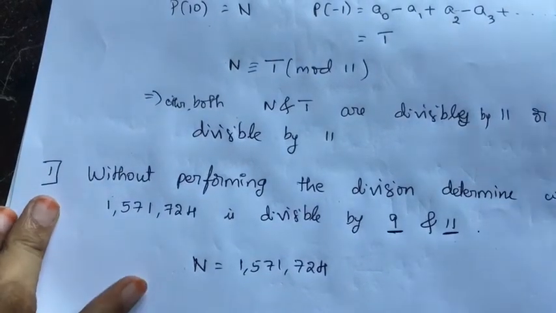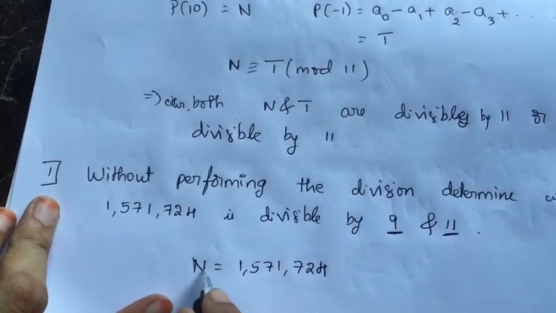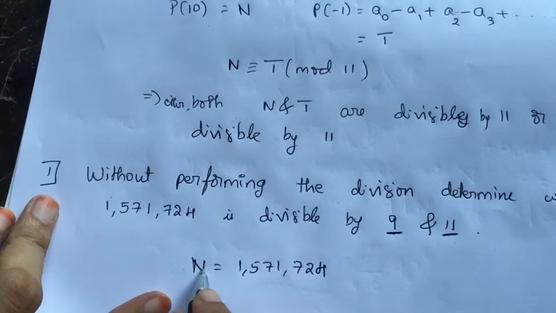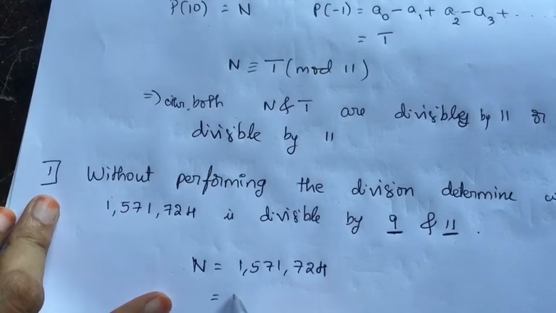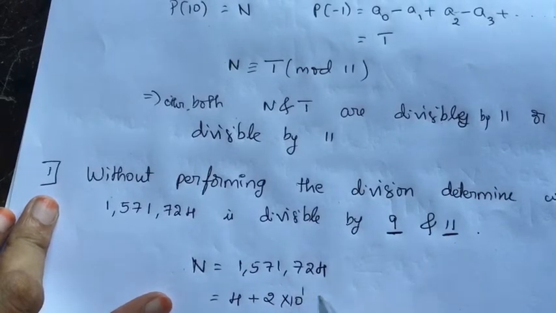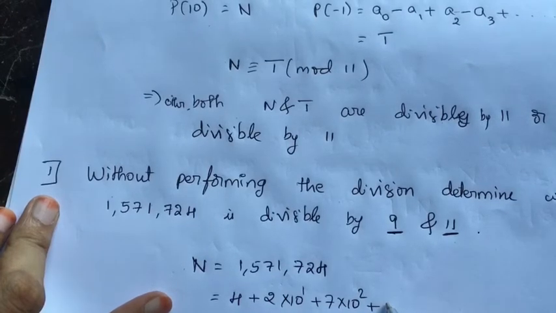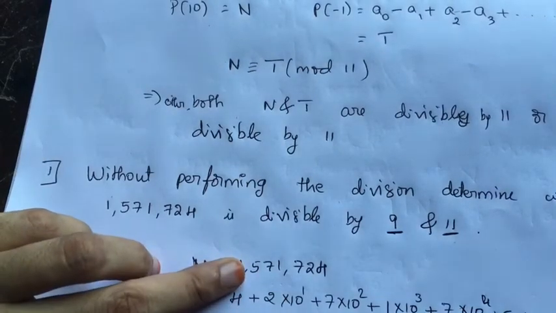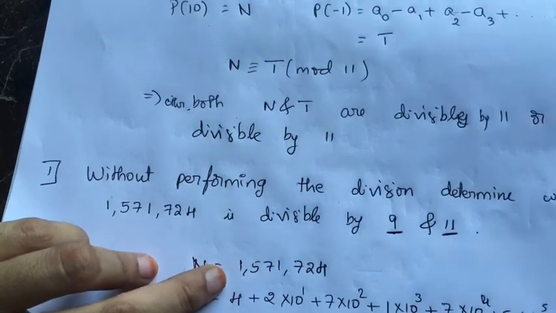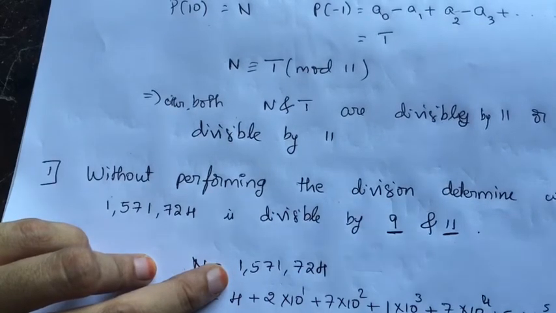Now what is n? We know this can be written as 4 plus 2 into 10 power 1 plus 7 into 10 power 2 plus 1 into 10 power 3 plus 7 into 10 power 4 plus 5 into 10 power 5 plus 1 into 10 power 6.